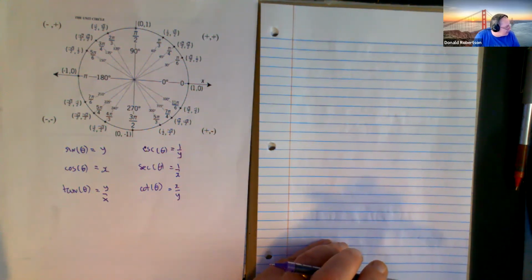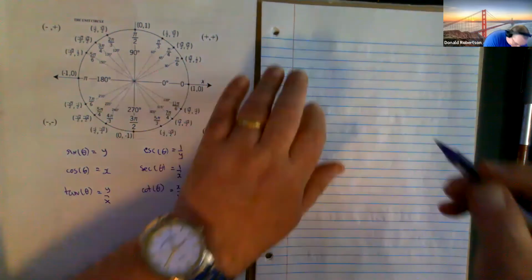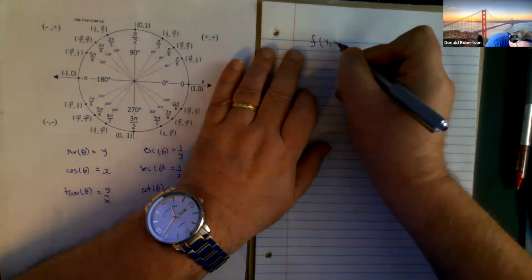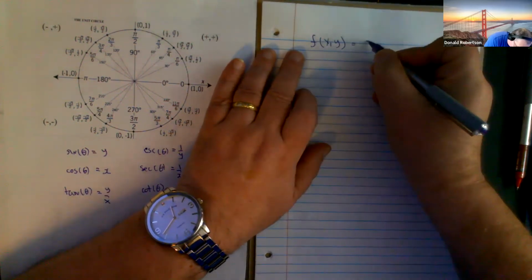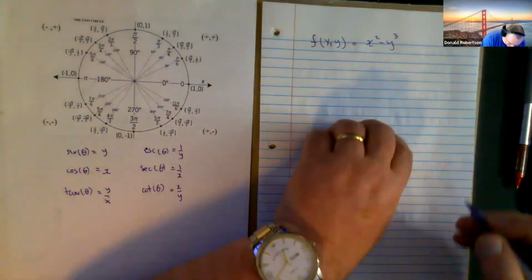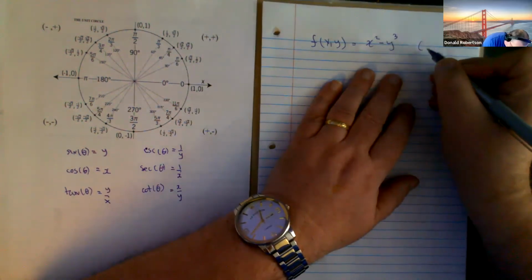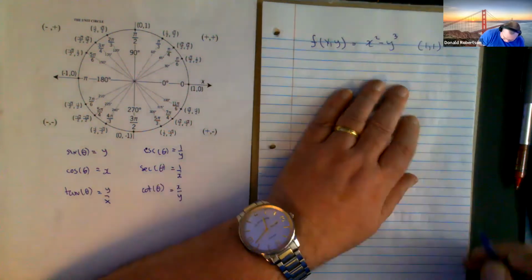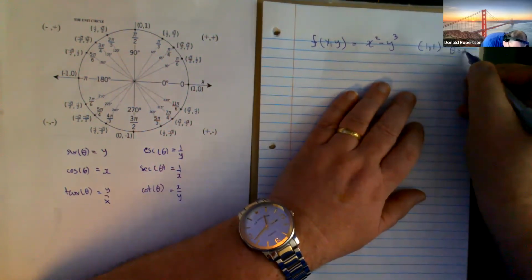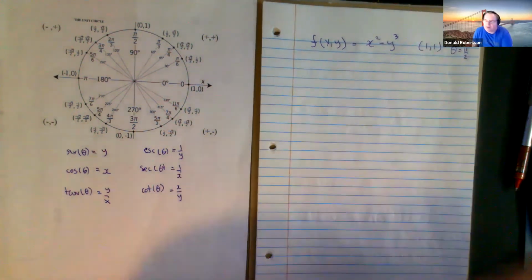So I think I have time for just one last one. So I might as well pick my own because I can. Right, so we're going to have a function and it's going to be x squared take away y cubed. We're interested at the point 1, 1, and we want to go in the angle pi upon 2.